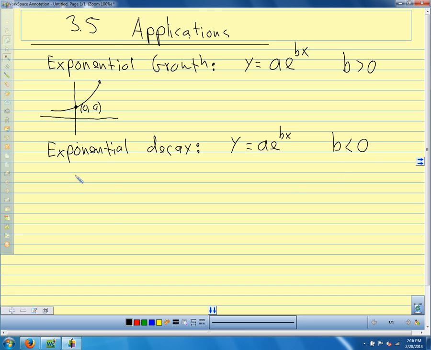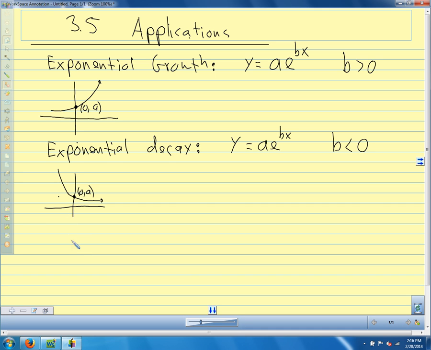And exponential decay with this particular model is always going to look like this. And same intercept, (0, a). And I guess I can make it a little steeper there. A little better. So these two particular models are what we're going to talk about.